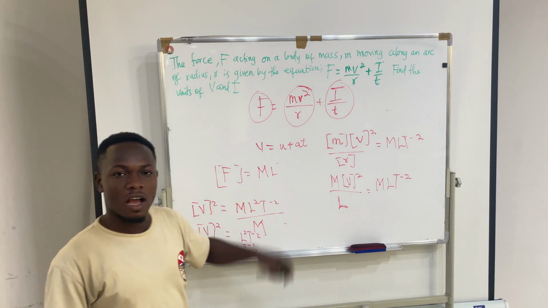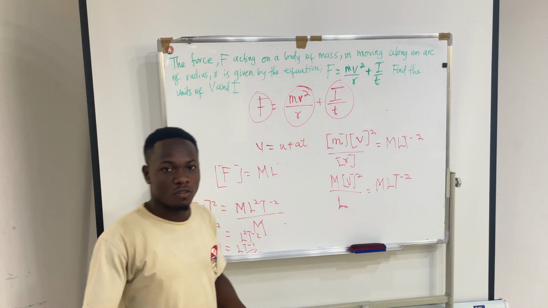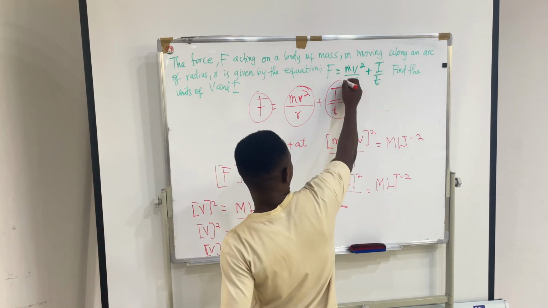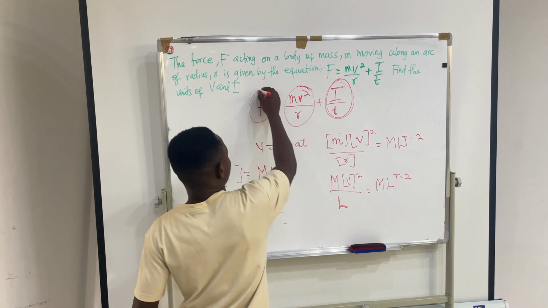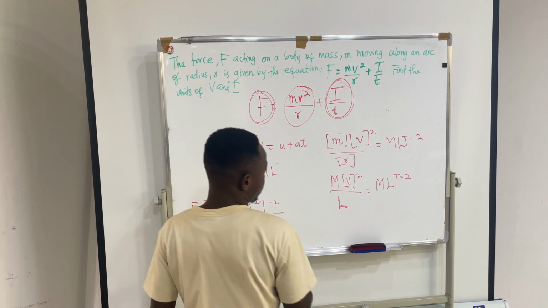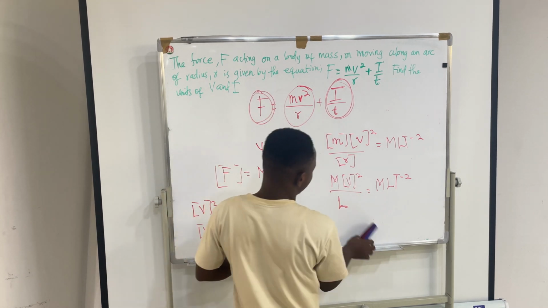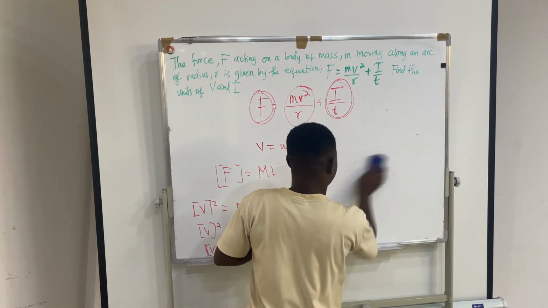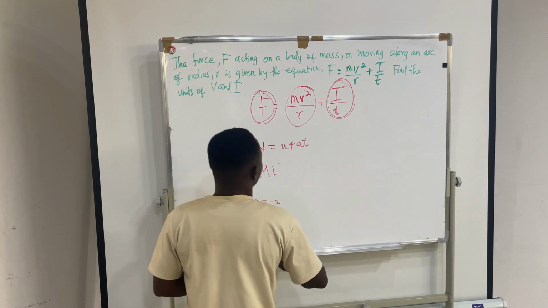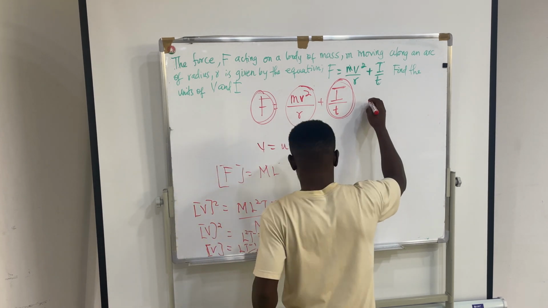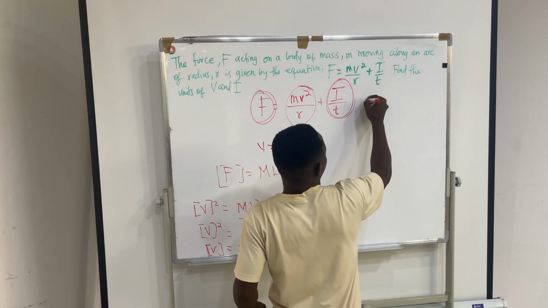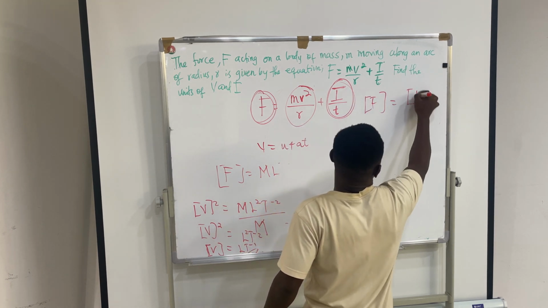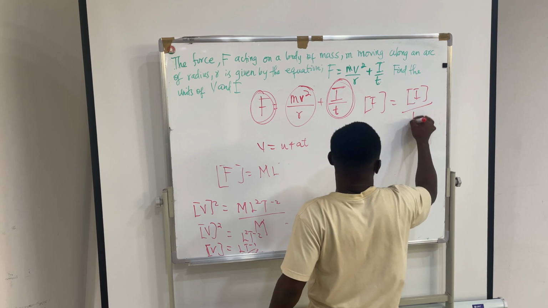How about I? How do we find the dimensions of I, or the unit of I? I'm going to use the same analogy. So the dimensions of this whole term have to be equal to the dimensions of F. So I think I have to clean my board a little bit. So the dimensions of F will have to be equal to the dimensions of I over the dimensions of t.